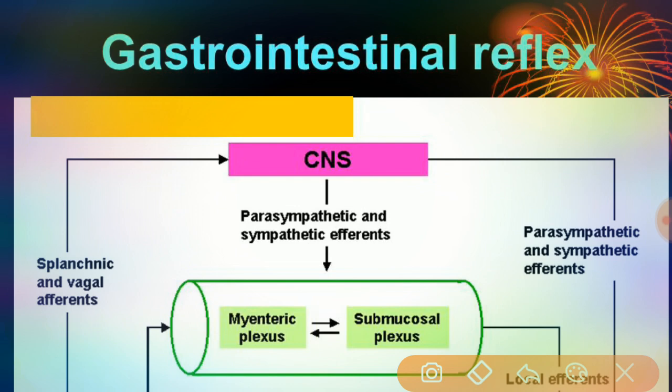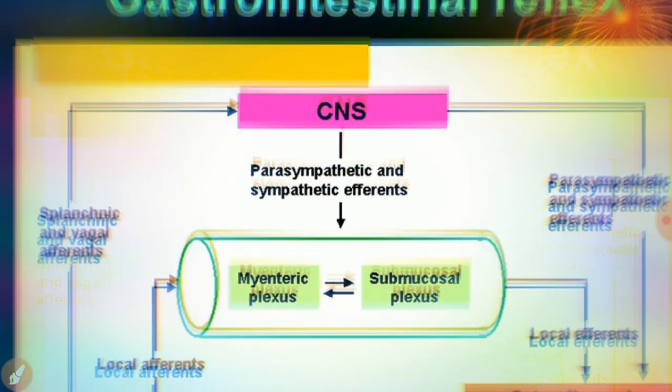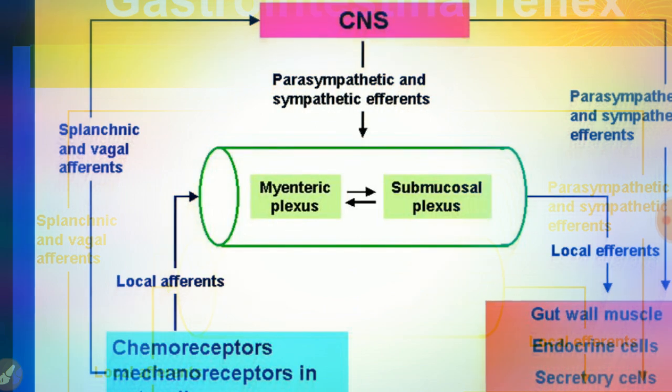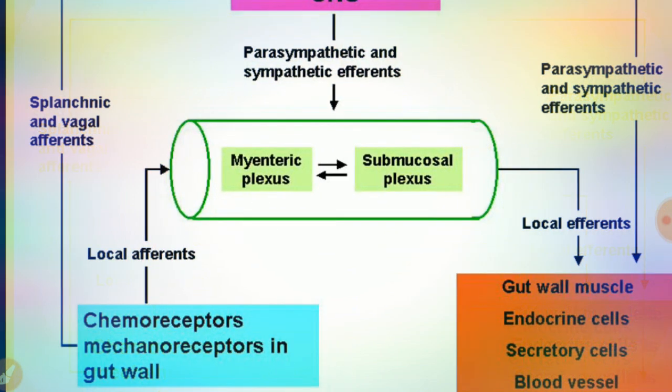These show the sensory receptors, like chemoreceptors, stretch receptors or osmoreceptors, which communicate with the central nervous system. The reflexes involve the central nervous system through the splanchnic and vagal afferents, with chemoreceptors and mechanoreceptors in the gut wall.